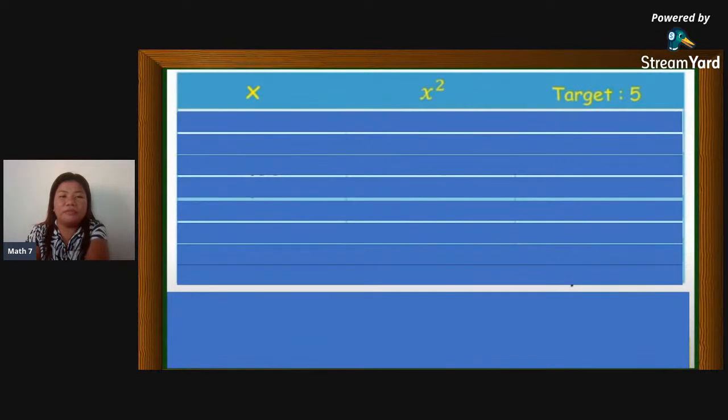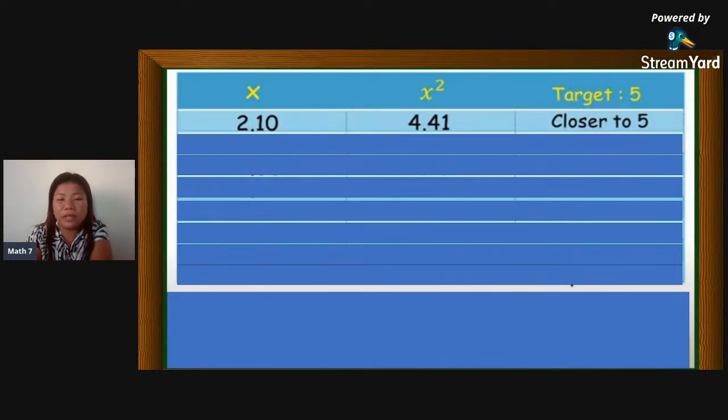Okay? Now, let us have this. Tanda pa yung x squared. Ang target natin ay 5. Pwede pong i-zoom o palakihin nyo muna. Okay? So, yung square root of 4 natin ay 2.